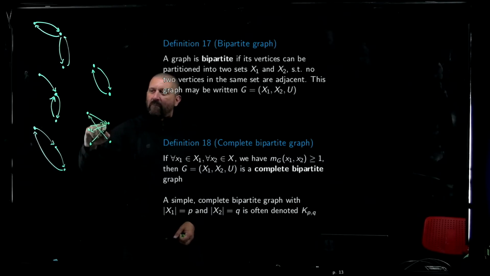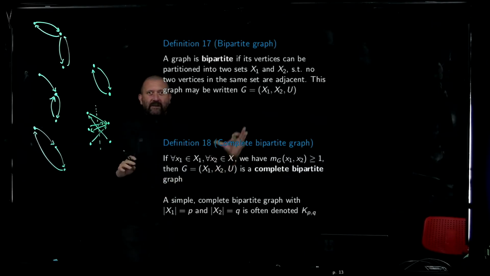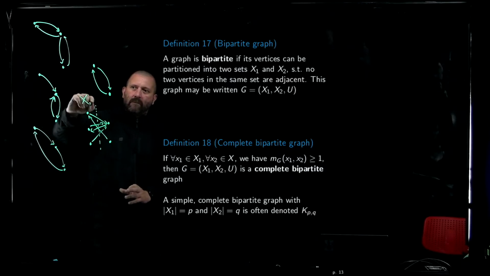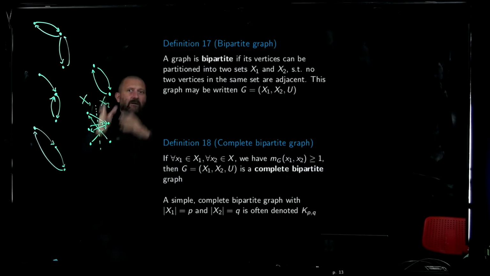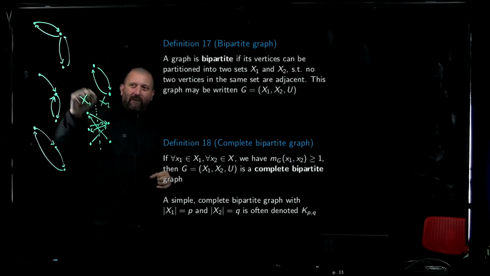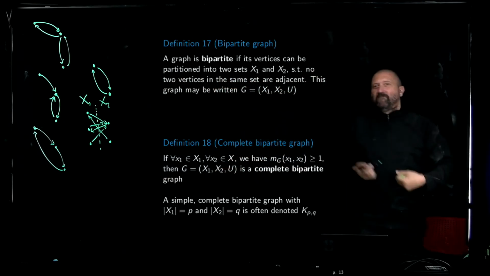We often write them in two columns because that makes it much easier to think about. If you think about this, here, what this is saying is none of the vertices, if I call this x1 and this x2, none of the vertices in x1 are adjacent, so have an arc in common with other vertices in x1. And bipartite graphs are also very, very important, and we'll meet them again.